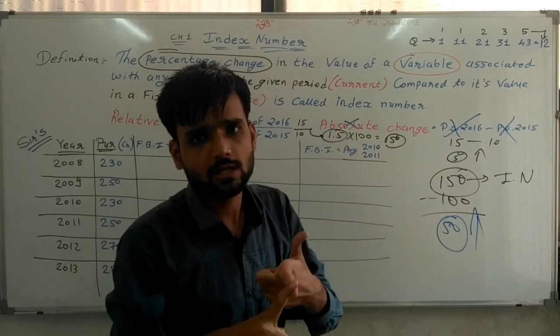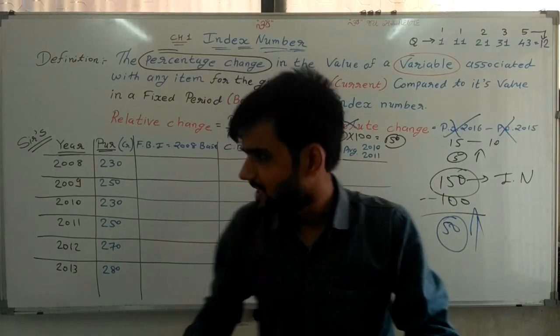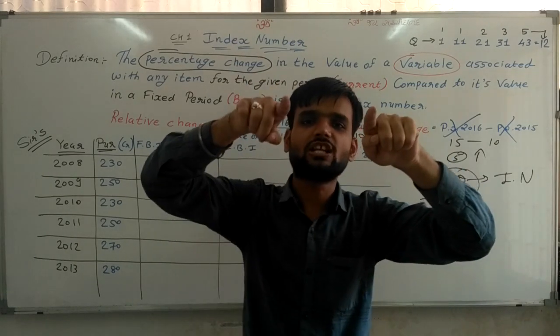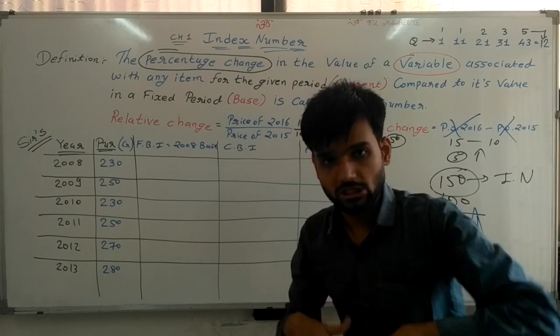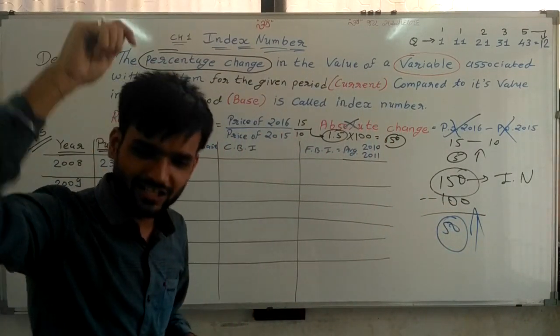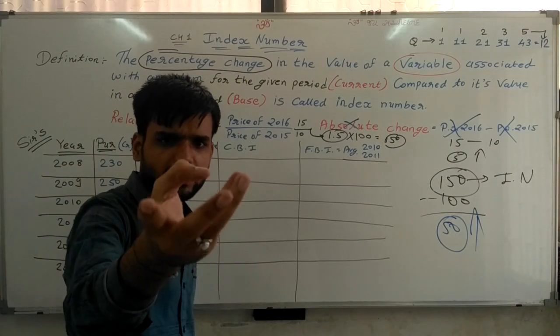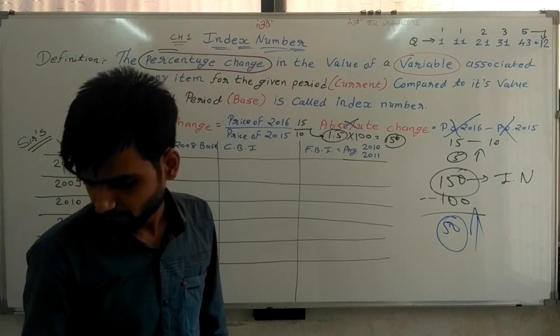Fixed base index number, and second is chain based index number. So here two types of methods are there. Now fixed base index number means what? Chain based index number means what? That we are clearing now in this lecture. And after this lecture, fixed base and chain based index number will be 100% clear to all of you.